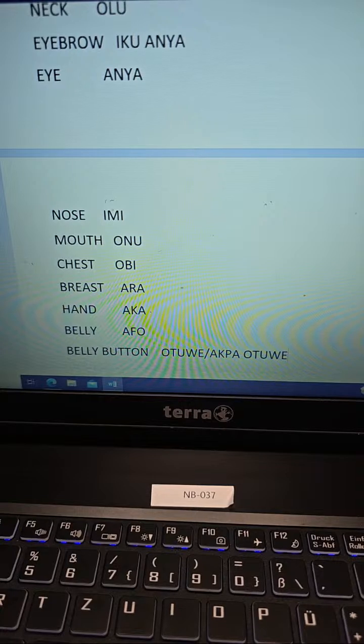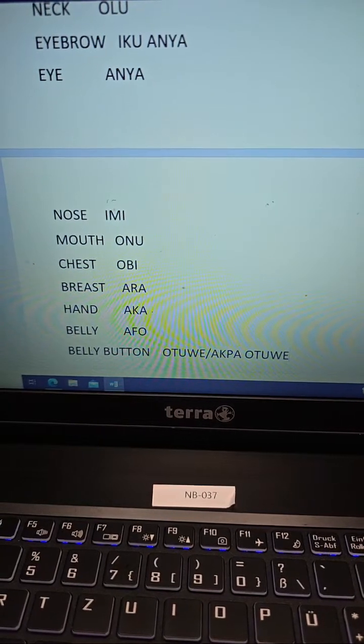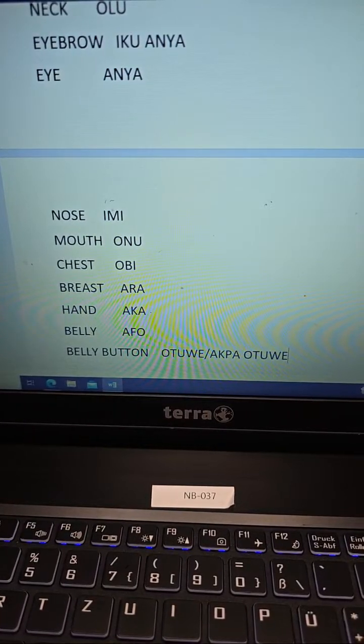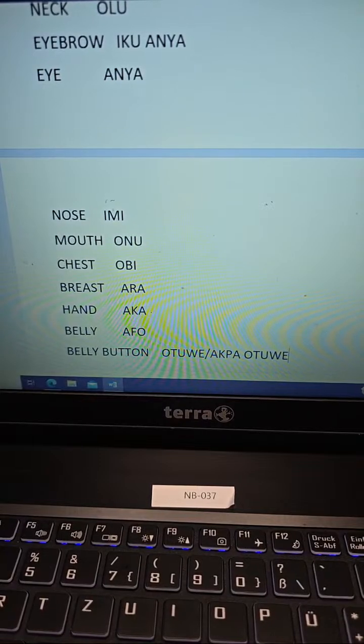Some people say otubo or apa otubo. Otue or apa otue, or otubo or apa otubo. That's the belly button. That is what it's called.